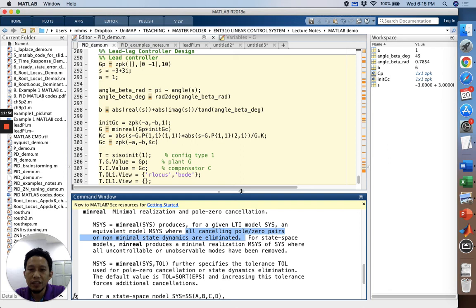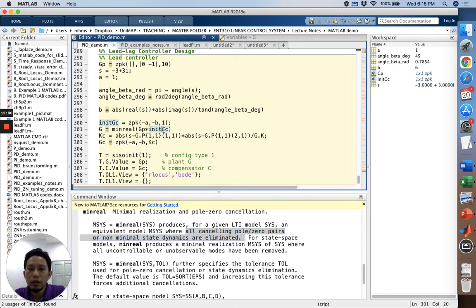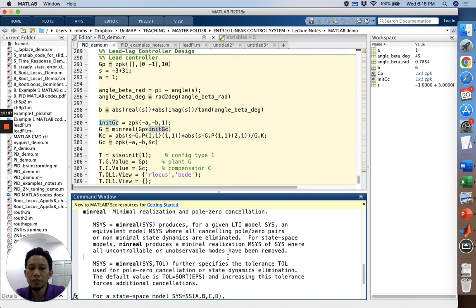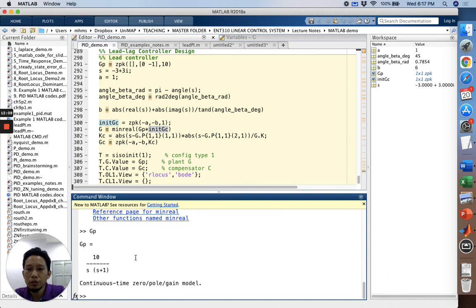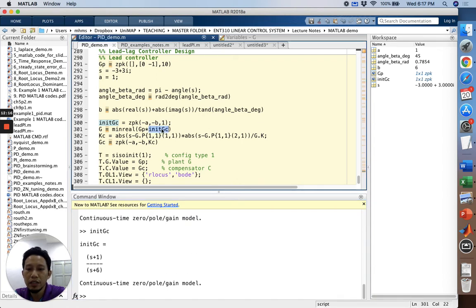So in this case, remember that we have s plus 1 for the plant, the pole at s plus 1, and for the GC, let me remind you. So our GP is 10 over s plus 1, and our initial GC here is s plus 1 over s plus 6.